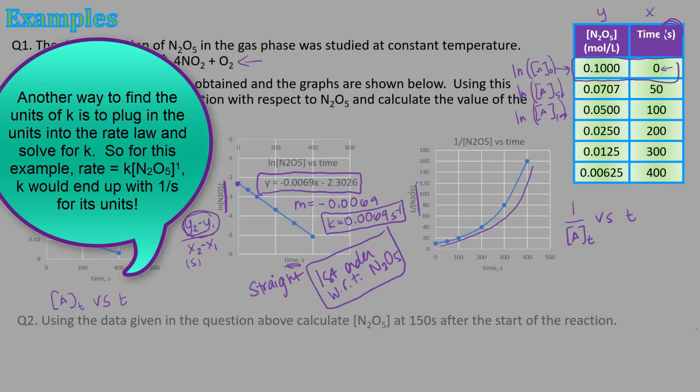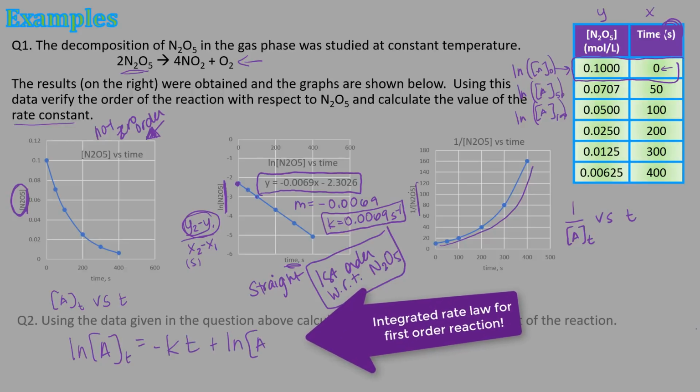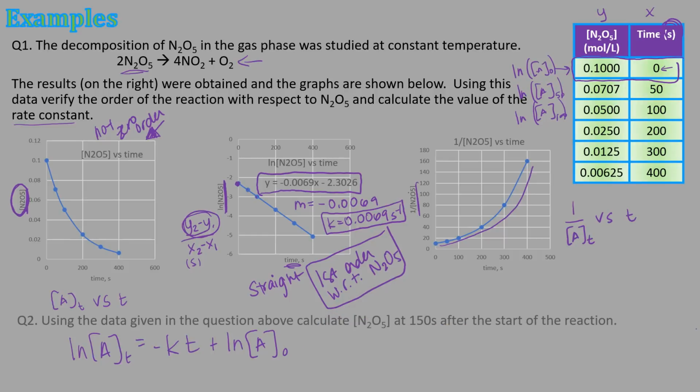All right, and it says using the data given in the question above, calculate N2O5 at 150 seconds after the start of the reaction. So since we know it's first order, we've got this equation, and you should have this written down from the page before. Okay, and I will plug in my values of K, which is negative, don't forget your negative sign because it's right here, 0.0069 inverse second, so 1 over a second.